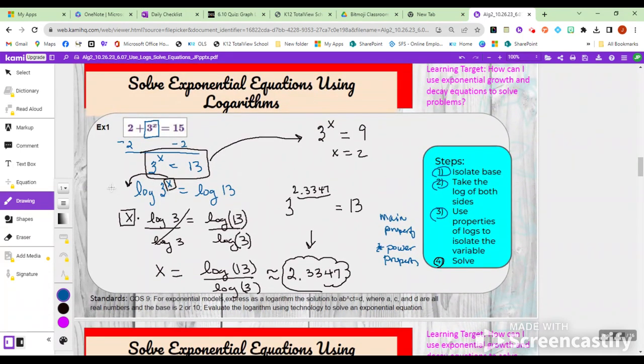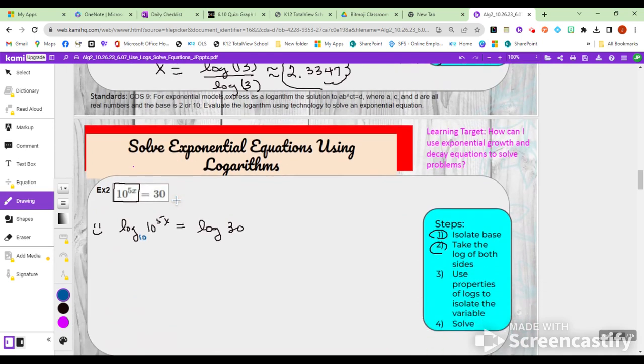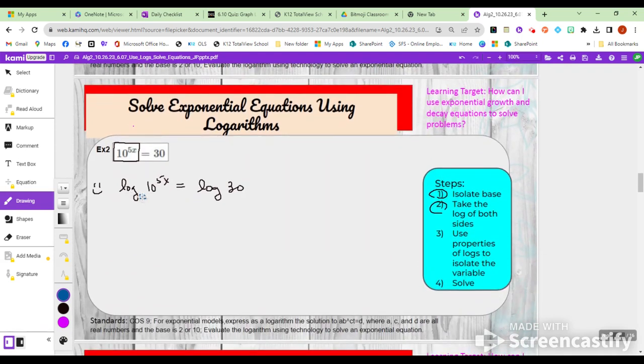So let's go back up here. This base is 10. The base of my log is 10. The base of what follows it is 3. So what's going to happen in example 2 could not have happened in example 1, because the base of my log was not the same as the base of what followed it. So in example 2, since I have log base 10 of 10 to the x, these logs are going to cancel.